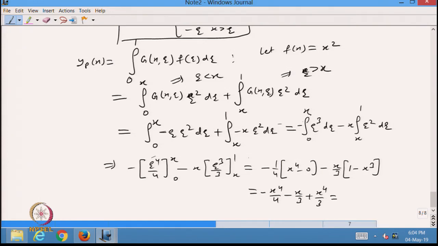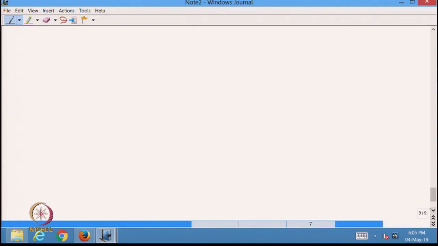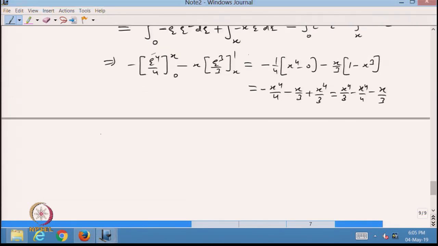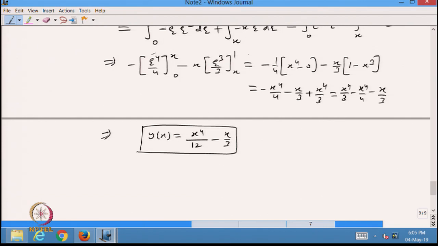So, from here I can write x power 4 by 3 minus x power 4 by 4 minus x by 3, and this can be written as y(x) equal to x power 4 by 12 minus x by 3. So, this is the solution for the corresponding equation with the help of Green's functions.